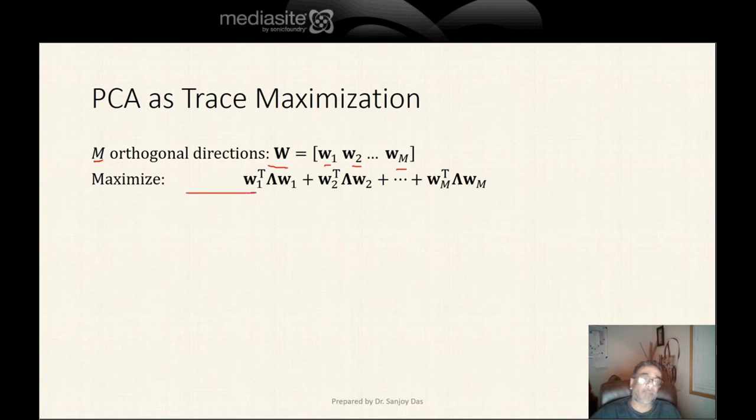this maximization problem. What we have to do here is maximize W1 transpose lambda W1 plus W2 transpose lambda W2 all the way until Wm transpose lambda Wm. What do these terms mean? This first term, W1 transpose lambda W1, is simply the variance of the projected points along the direction W1.